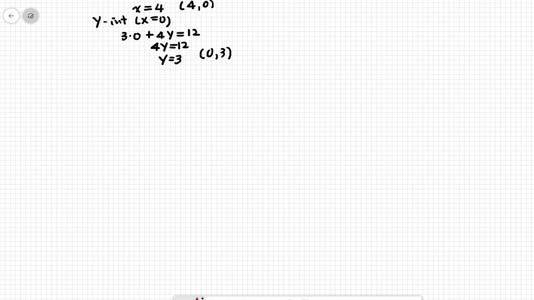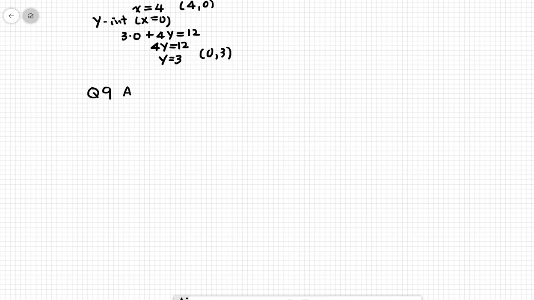So the last question, question 9. This is one of the modeling questions that we did in class. Let me just write down the question here.